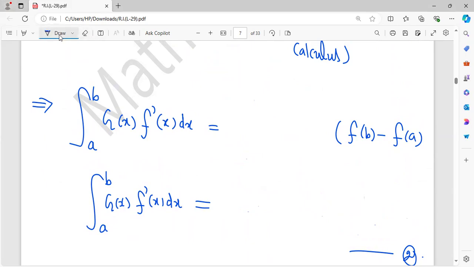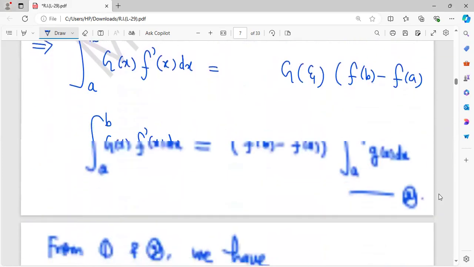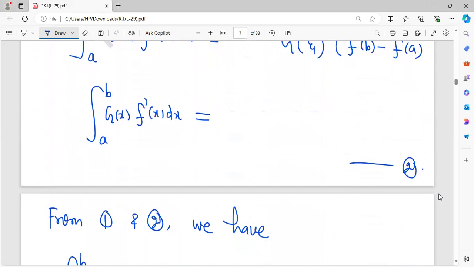So write it G xi. So we write it G xi. So we are calling this equation, G xi times f b minus f a. This is equation number 2.